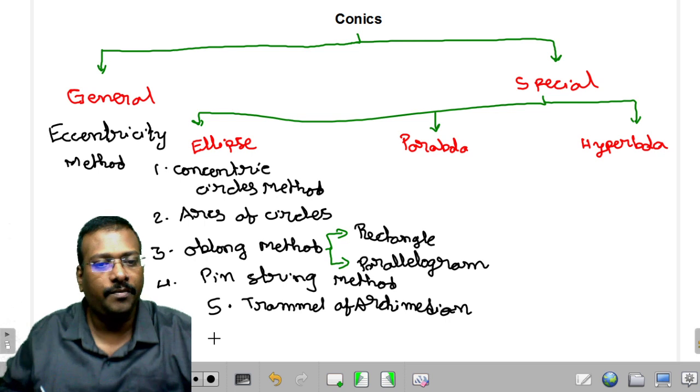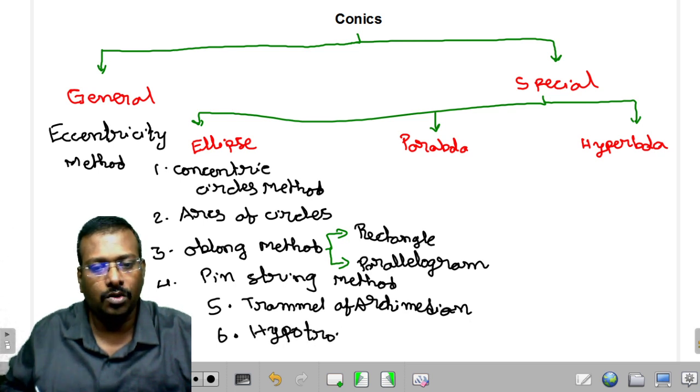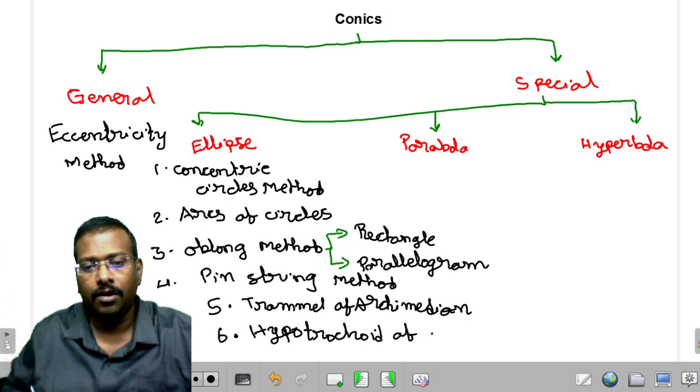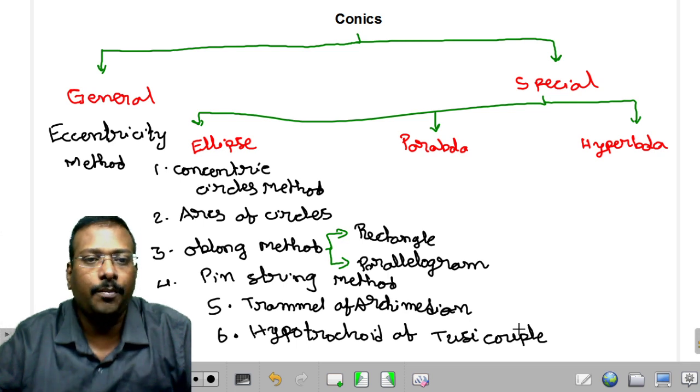And sixth one is the hypotrochoid of a Touchy couple.